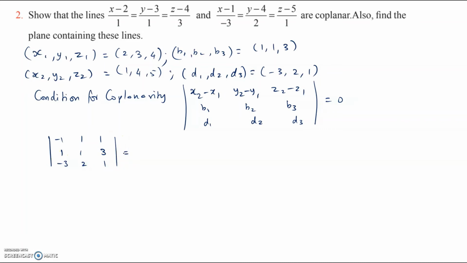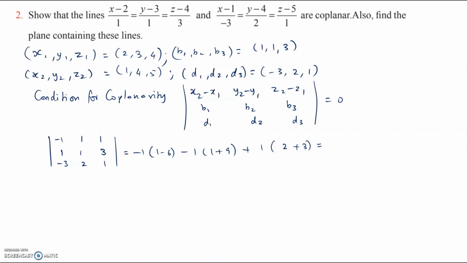So further solving this, you get minus 1 into 1 minus 6, minus 1 into 1 plus 9, and plus 1 into 2 plus 3.